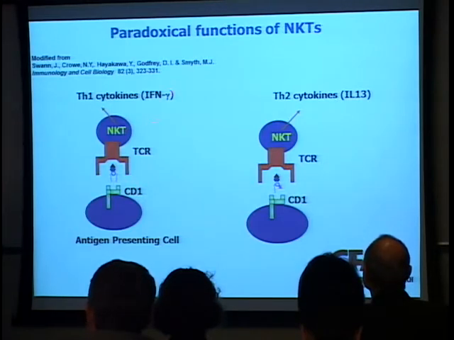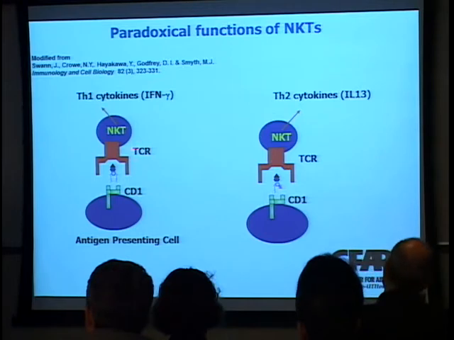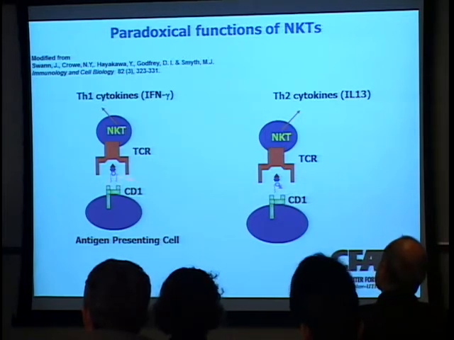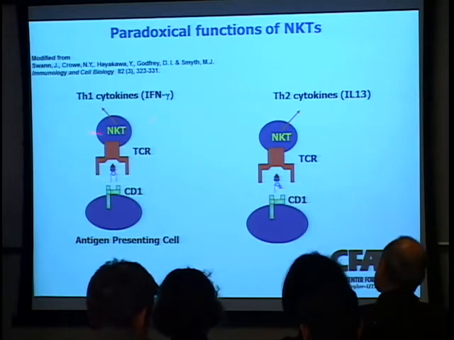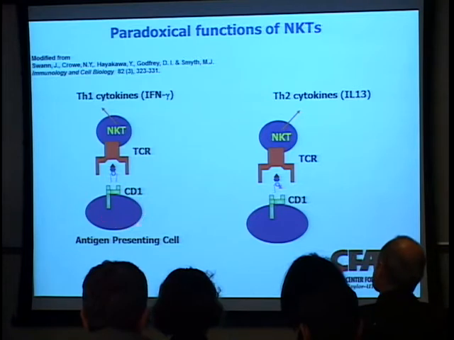This slide shows the paradoxical function of NKT cells. In certain disease conditions, they can produce Th1 cytokines. The exact mechanisms are not clear yet. There are several hypotheses that the ligand may determine the cytokine profile, or the type of antigen-presenting cells may influence the function of NKT cells.